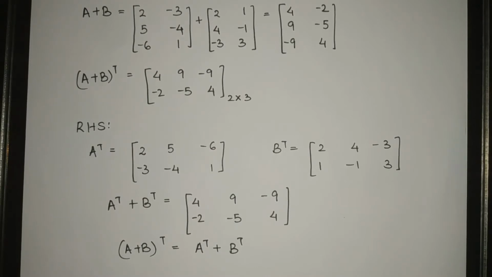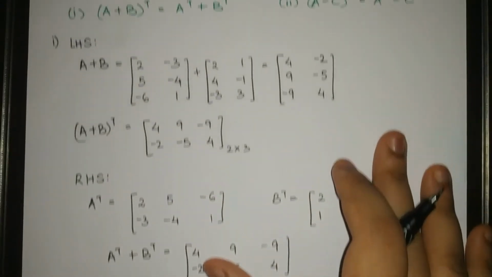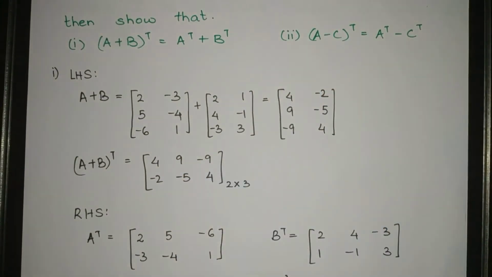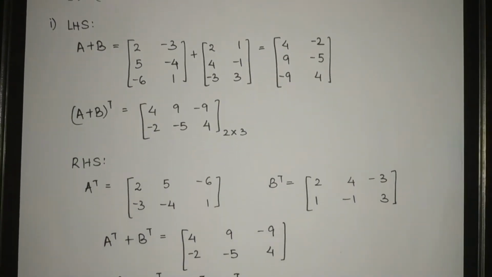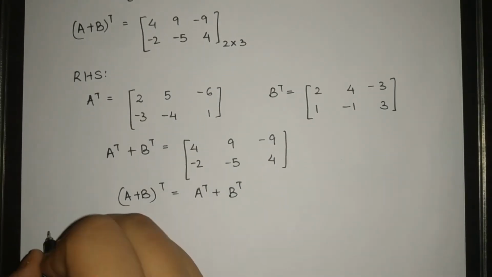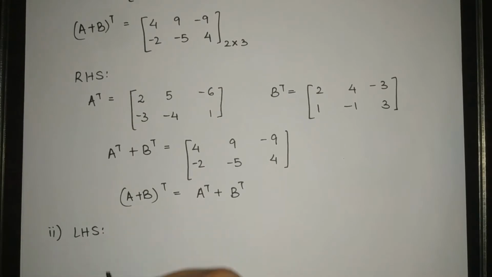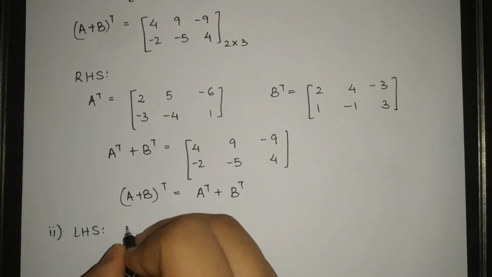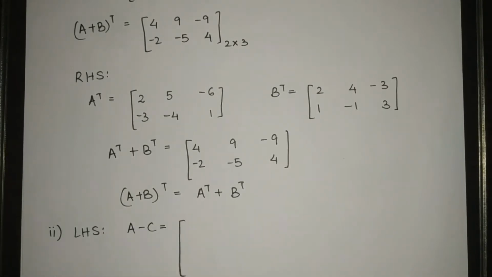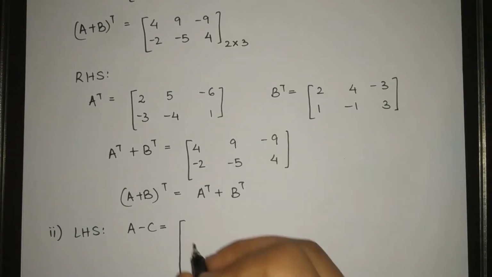Now let us do the next part, which is (A minus C) transpose is equal to A transpose minus C transpose. So for this we will start with the LHS first. So in the LHS we have (A minus C) transpose. So first we will have to find A minus C. So first let me write down the matrices.